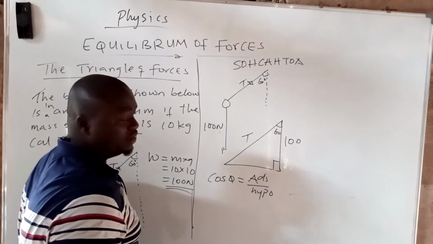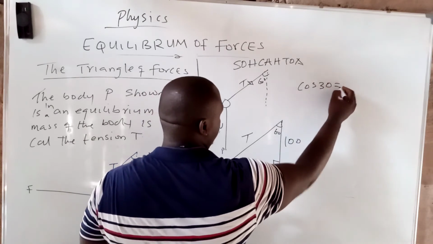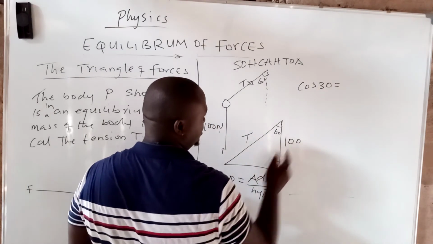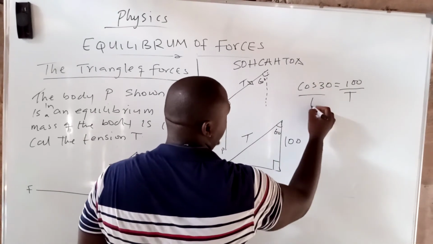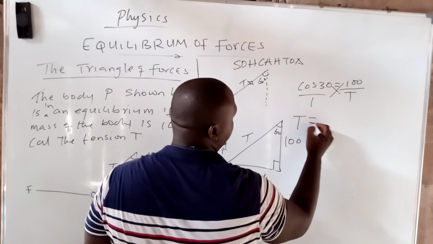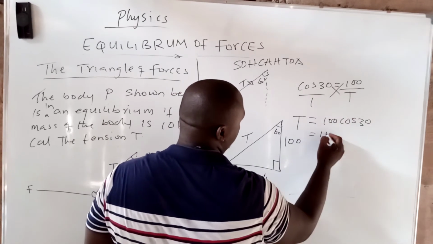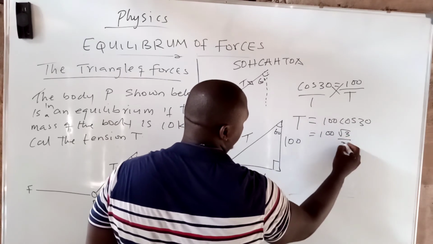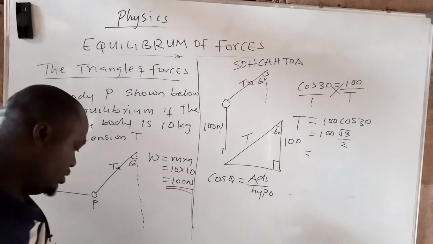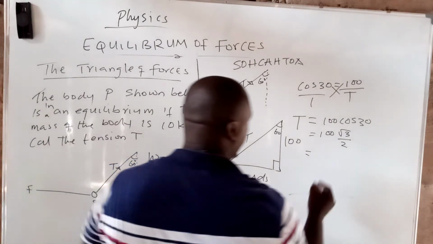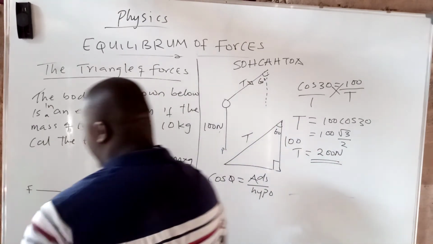The hypotenuse is T. So this is cos 30 is equal to adjacent, which is 100, over your hypotenuse, which is T. So by cross multiplication, T is equal to 100 cos 30. And this will give you 100 root 3 all over 2. And of course, once you press it in your calculator, what you will get is 200 newtons. So your tension is 200 newtons.